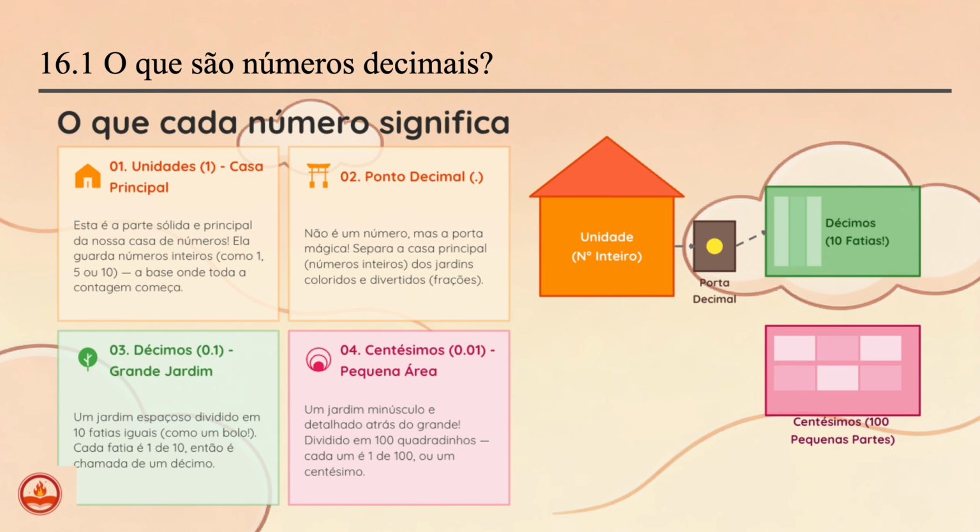The decimal point is the door. And after the door is the garden. The first number after the decimal point is in the tens place. We call that tens place. It's like a big garden divided into 10 equal pieces. The second number is in the hundreds place. A small garden divided into 100 tiny pieces.